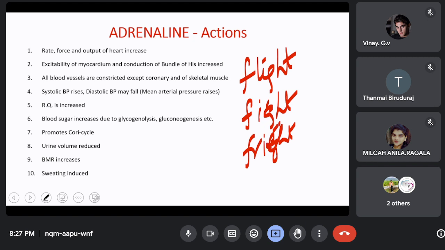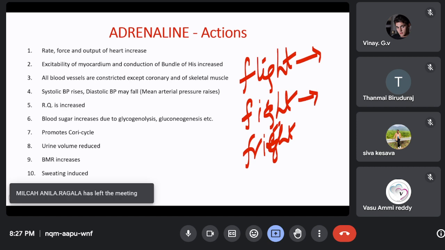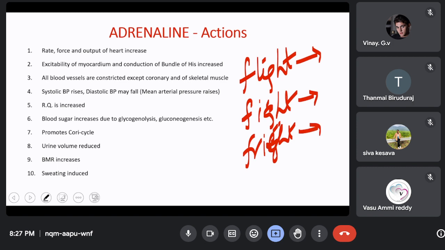Flight means we move away from that place. Fight means we don't move and we fight with the opponent. And fright means we get frightened, we get fearful. And in these three circumstances, adrenaline or noradrenaline are said to be released.